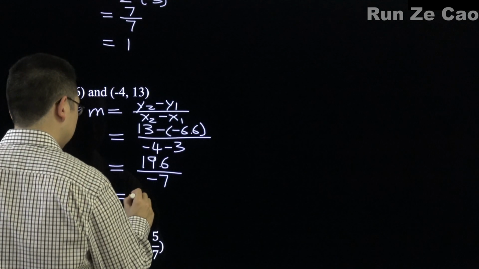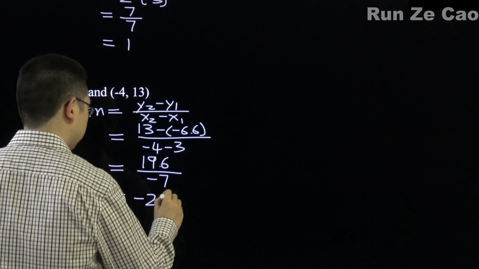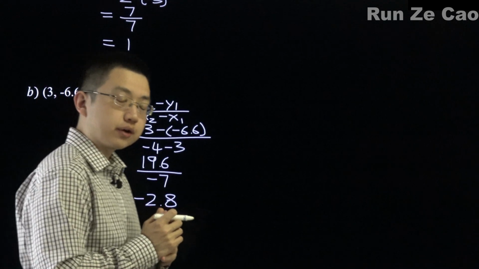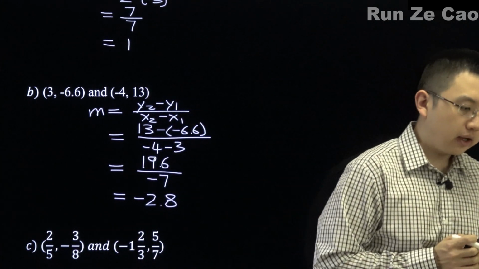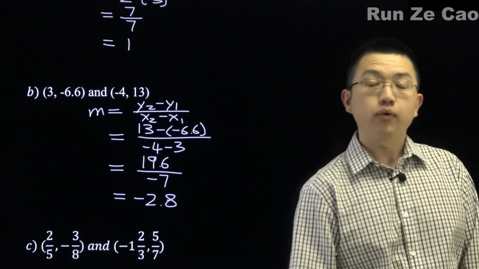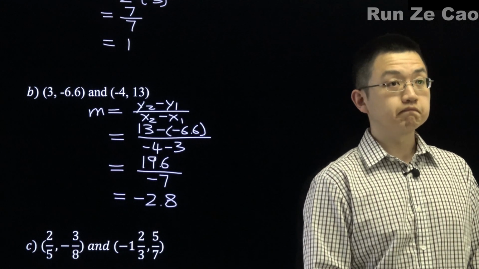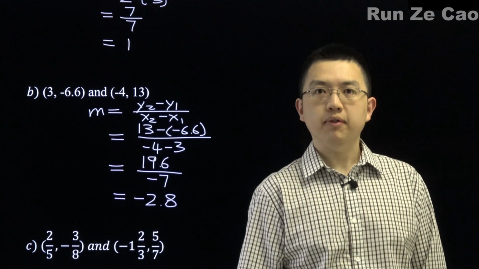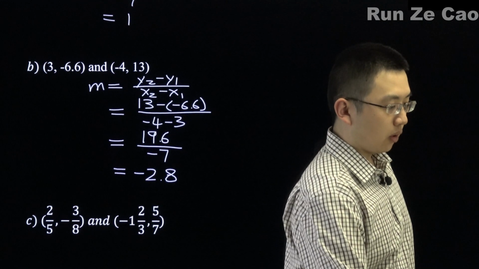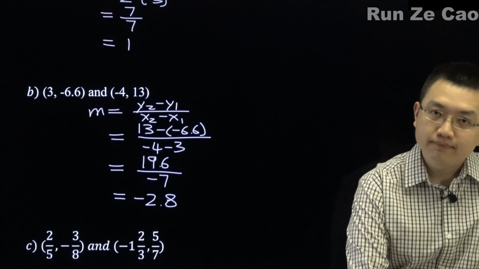So this is equal to negative 2.8 if we were to plug this into a calculator. Or, hey, wait a second, guys. 21 minus 1.4. What's 21? 3 times 7. 1.4 is 0.2 times 7. So, what should we write now?